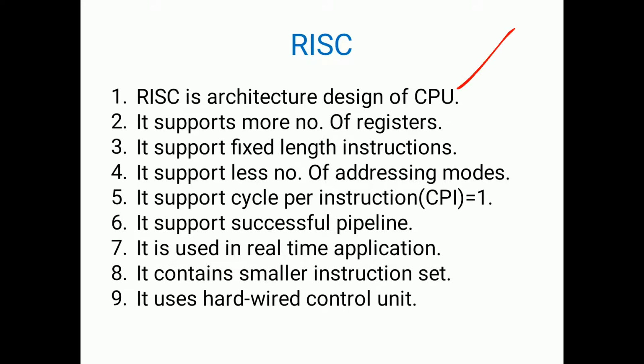Second, it supports more registers. Third, it supports fixed length instructions. Fourth, it supports fewer addressing modes. Fifth, cycles per instruction, CPI, is equal to 1. Sixth, it supports successful pipeline. Seventh, it is used in real time applications. Eighth, it contains a smaller instruction set, and ninth, it uses a hardwired control unit.